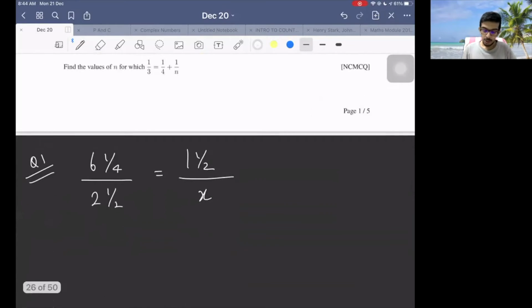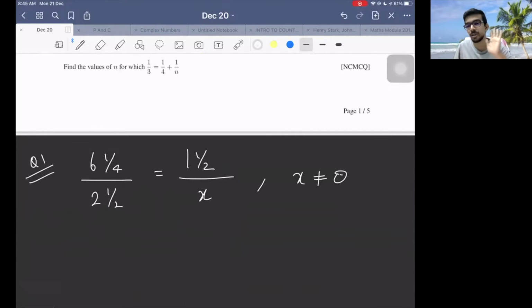Okay. So the only thing you need to write is x is not equal to 0 along with the question. That's all. And after solving, suppose you get x is equal to 0 as a solution, you have to discard it. That's the only idea.